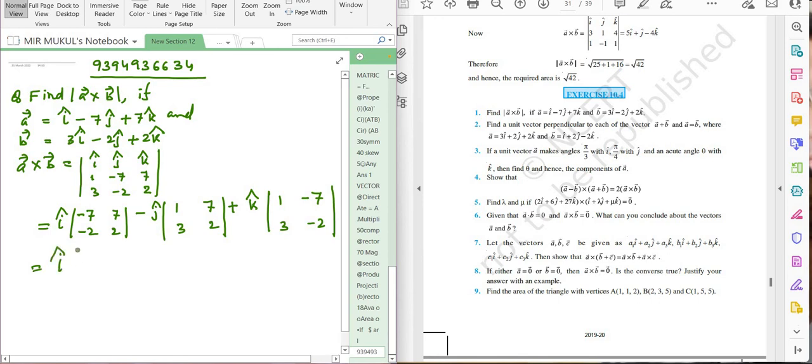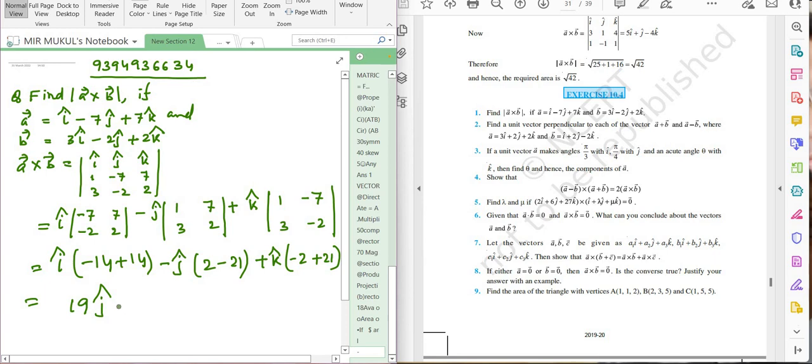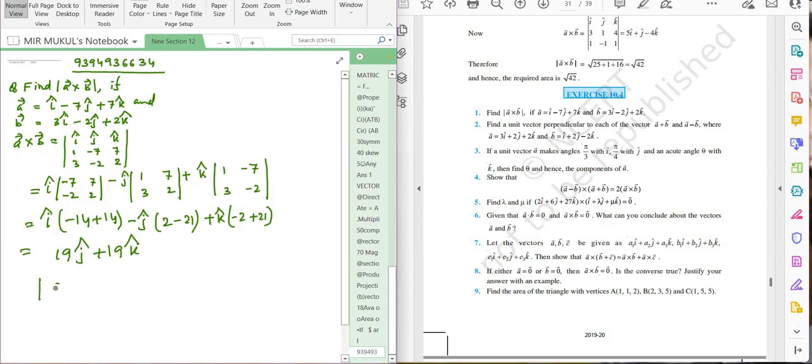So i times minus 14 plus 14, minus j times 2 minus 21, plus k times minus 2 plus 21. So these two 0 we are getting. Here we are getting 19j and here 19k.